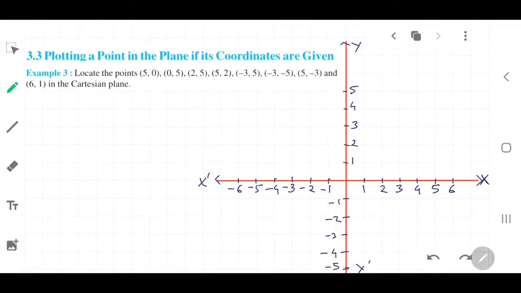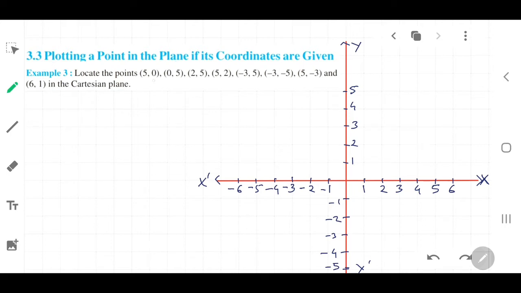Let's watch the video. Student, today we'll see how to plot a point in the plane if its coordinates are given to you. Correct? See, these are the coordinates that are given to you. So we are solving example number 3.